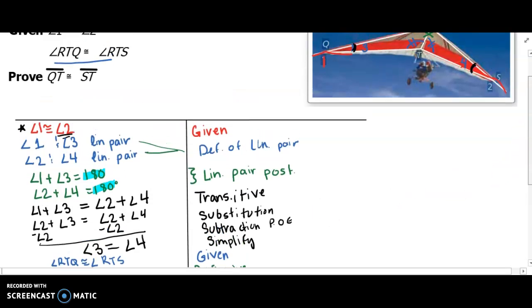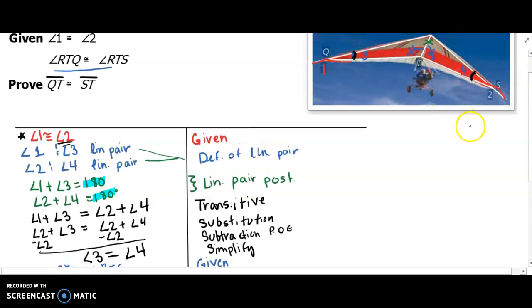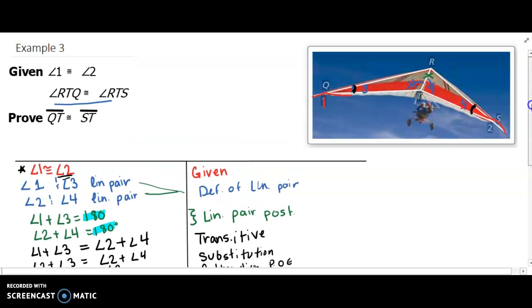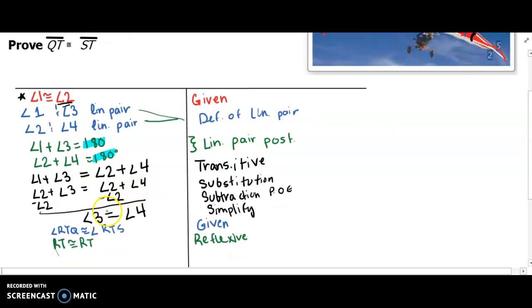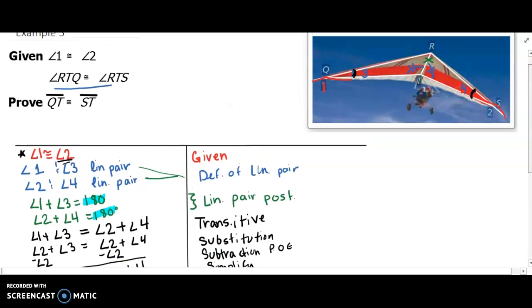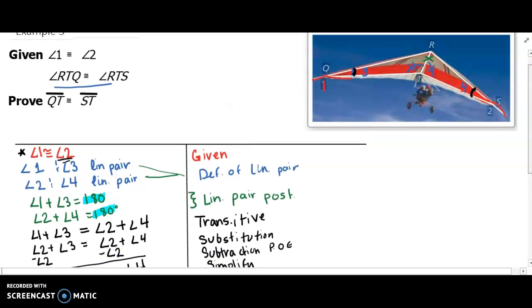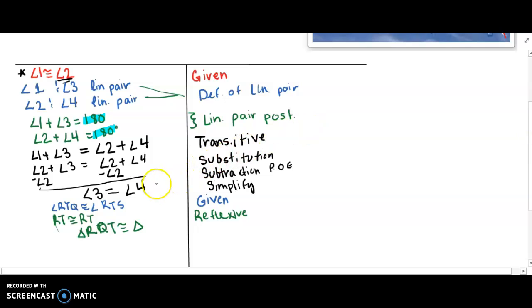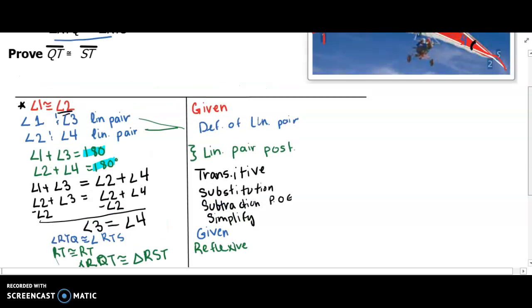Okay, now by angle side, I can say that triangle RQT is congruent to triangle RST by the, well, two angles and a side.